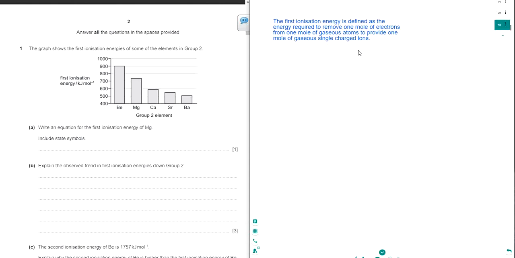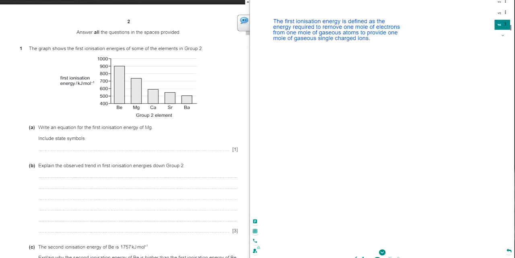So important in the definition is that we are looking at the energy required to remove the electrons in the gaseous state. And that means we need to include that as well in the equation, and it actually states that here as well, include state symbols.